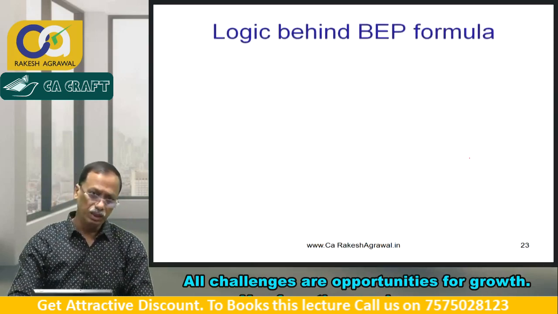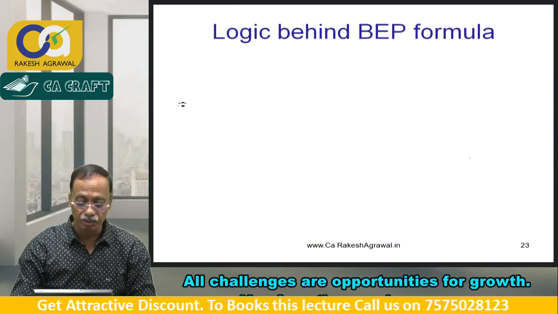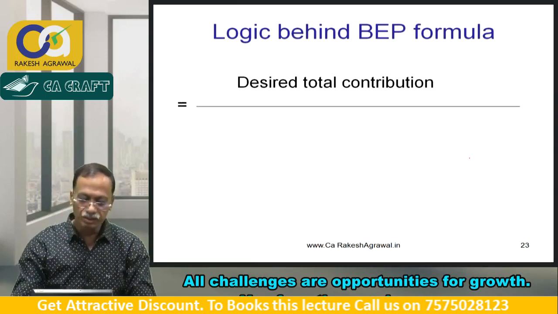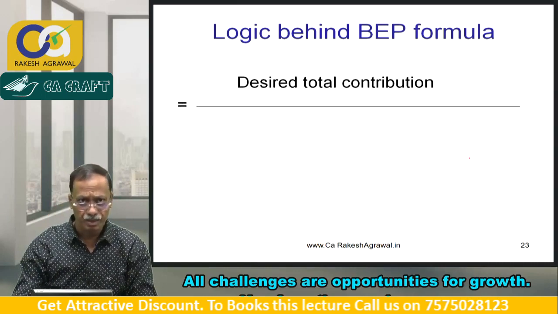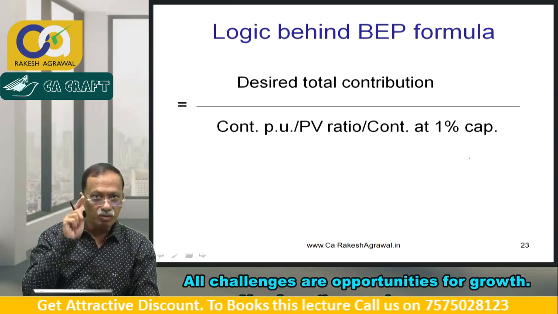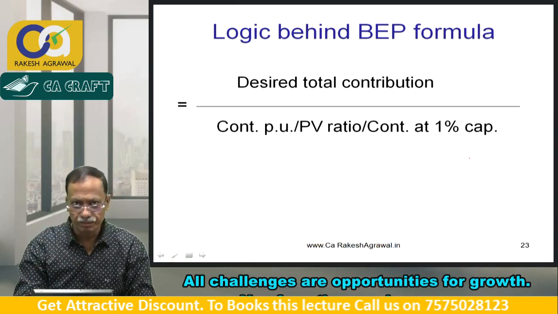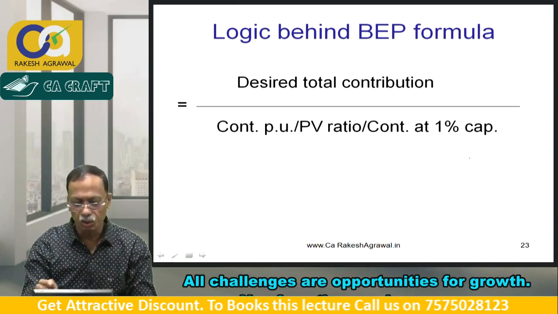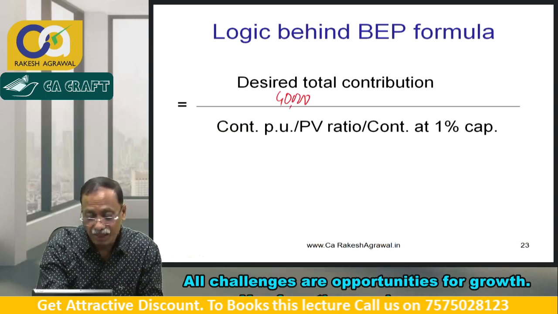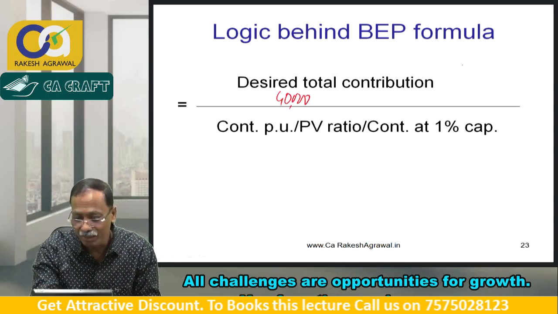Now let's see the logic which works behind this BEP formula. I have changed the wordings of the numerator. Denominator I am keeping the same. The numerator was earlier total fixed cost, and your total fixed cost is 40,000. But if you remember, at BEP fixed cost is equal to contribution.